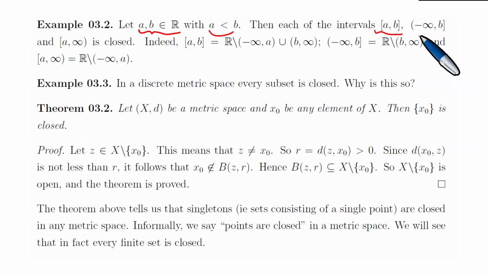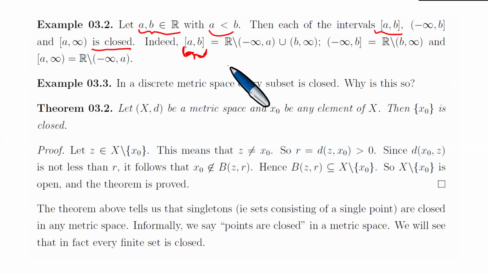So if you start from minus infinity on the left and include the extreme point b on the right, or you start from a and go to plus infinity, we are saying these are closed. Indeed, the interval is the same as R.